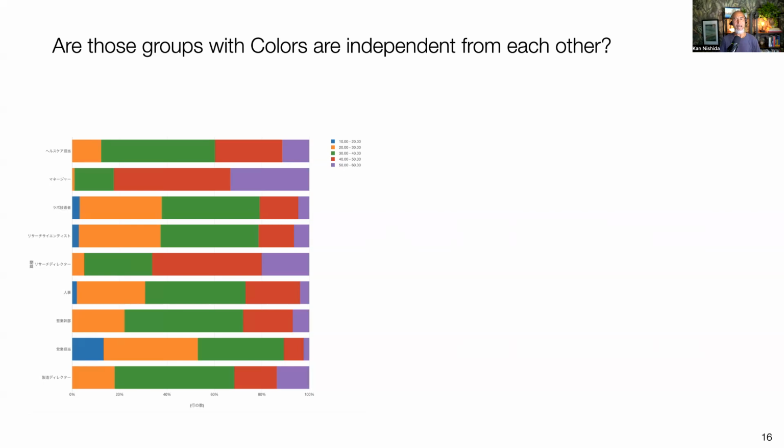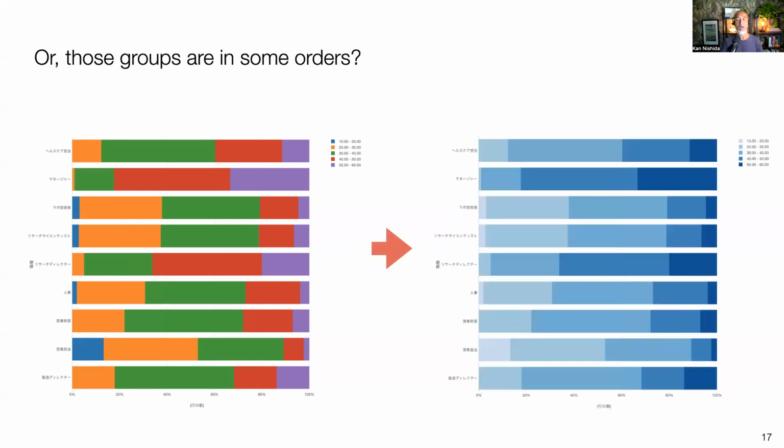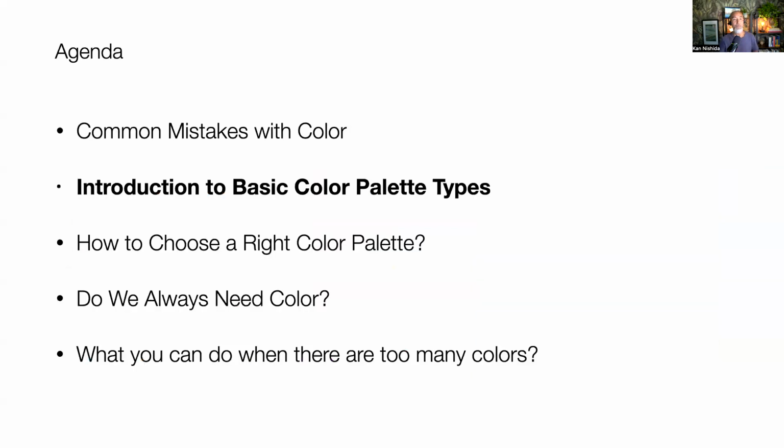What do I mean by that? Let me give you another way of describing the same information using a different color. This is continuous. I'm going to talk about a continuous color palette in a minute, but this would be much better. These are very simple mistakes that you can fix very quickly if you know them. Okay, let's get to the next one.